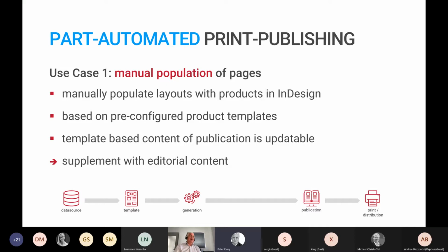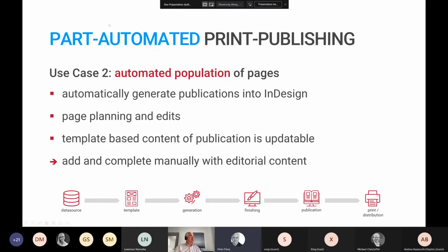You simply add products page per page, and with an 8 or 10 pager, that might be sufficient for you to work. With larger publications, you might want to use the other principal use of the DTP client. You could automate your pages automatically.